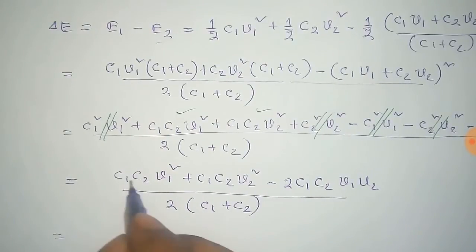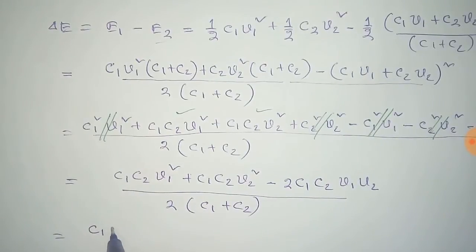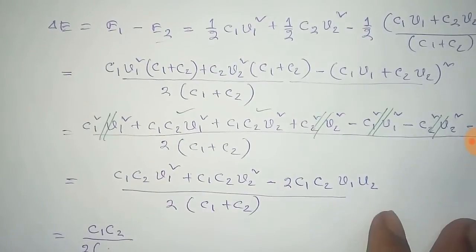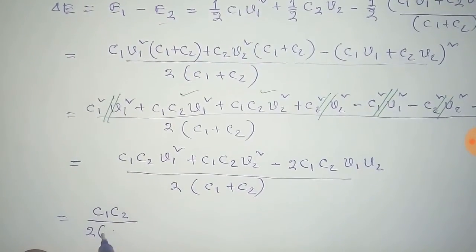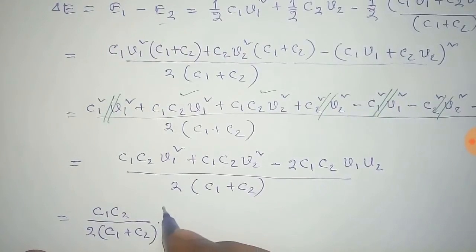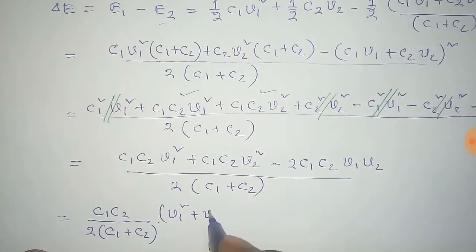From this we can take C1 C2 common, and the remaining part will be V1 square plus V2 square minus twice V1 V2.